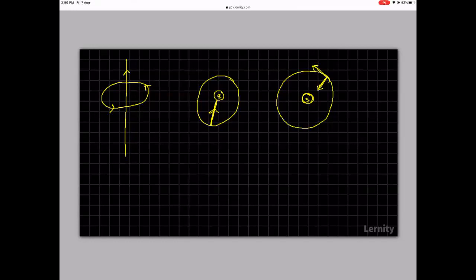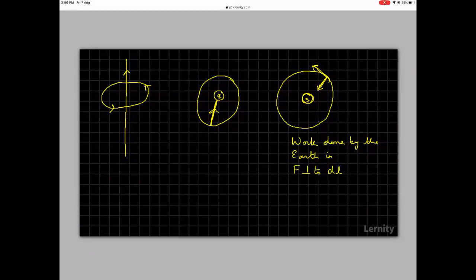So if I find out what is the work done by the earth in moving this full circle, what will I get? I will get that force is always perpendicular to displacement dl.